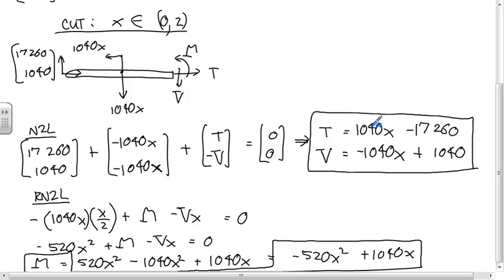At the right side, there are point forces, so both of these should be non-zero when x is equal to 2, and they are. And point couples, not at either end. So this should be non-zero. This should be 0 at x equals 0 and at x equals 2. When x is equal to 0, it's 0. When x is equal to 2, this is twice as big as that one, so it's equal to 0. So those all make sense.